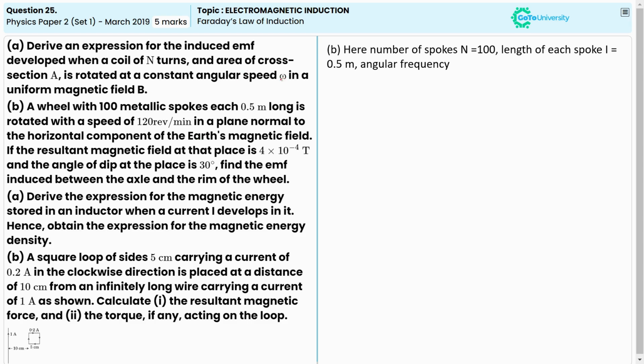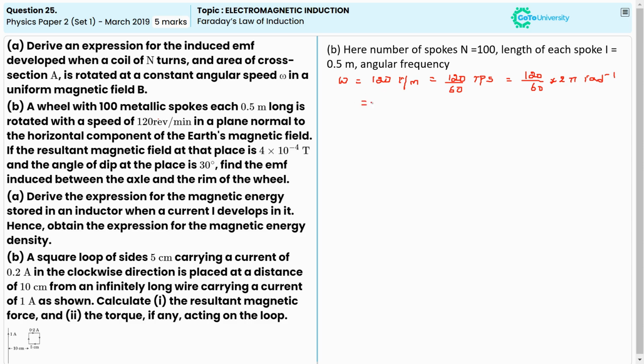Then the angular frequency, that is omega, is equal to 120 revolutions per minute, that is 120 divided by 60 RPS, revolutions per second, which gives 120 divided by 60 into 2 pi radians per second.